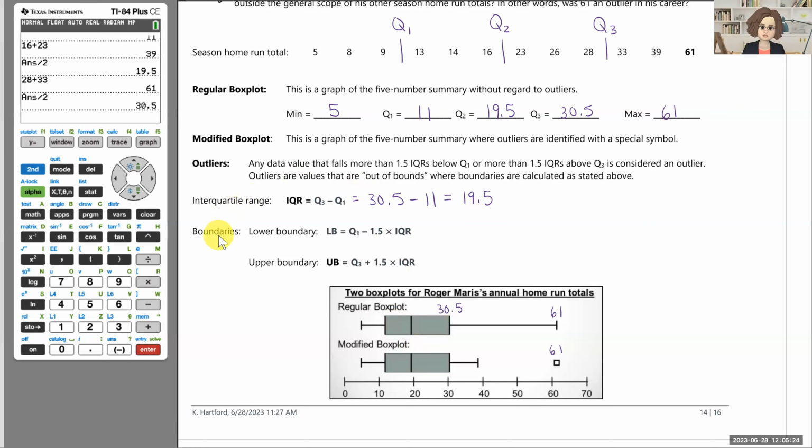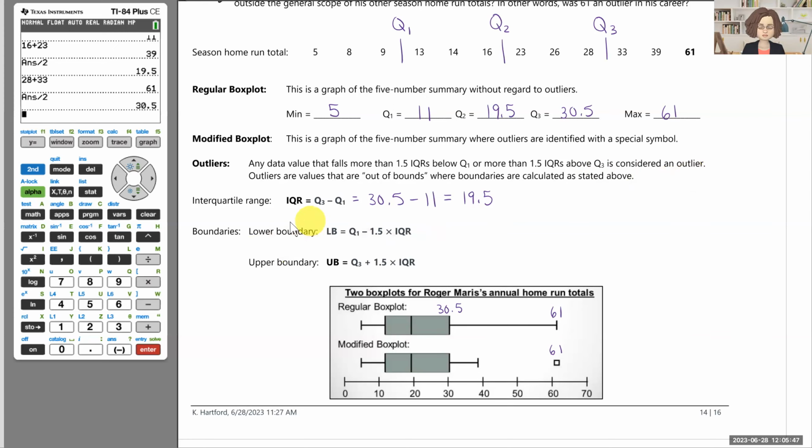All right, so to check for outliers, we're going to look for any data values that are more than 1.5 IQRs below Q1, or more than 1.5 IQRs above Q3. Any values beyond those numbers are called outliers.